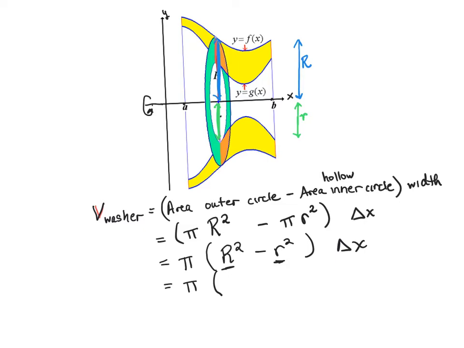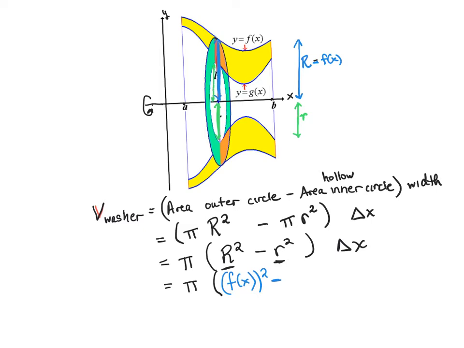So capital R, if you look at it carefully, that blue distance is the distance from a point on f to the x-axis. So this is just equal to f of x, because the distance from f to the x-axis is f of x, the y value. So capital R squared is f of x squared. Little r is the distance from here to the axis of revolution.